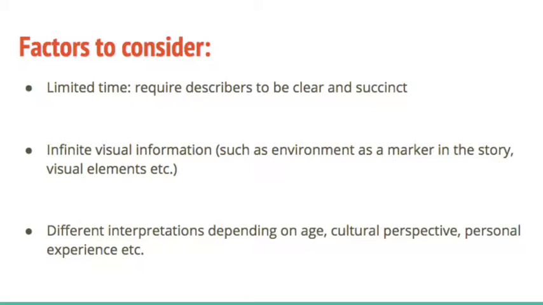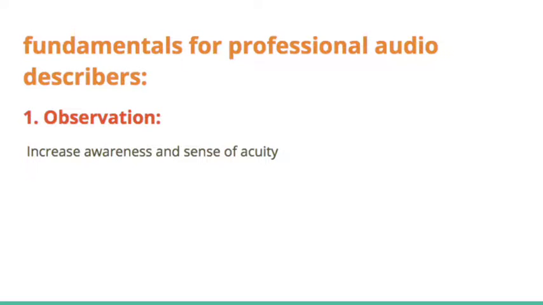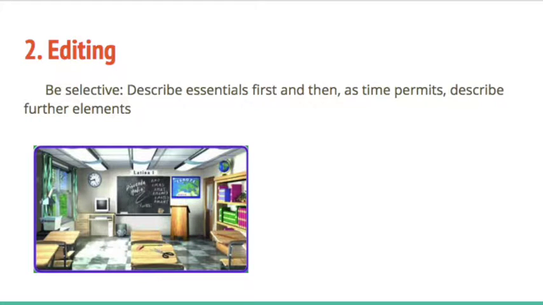In this sense, audio describers can potentially participate in the construction of meaning, because the meaning of a film is produced by viewers in their interactions with it. Thus, it's really important for audio describers to strike a balance between objectively describing the scene and producing the meaning of the film.